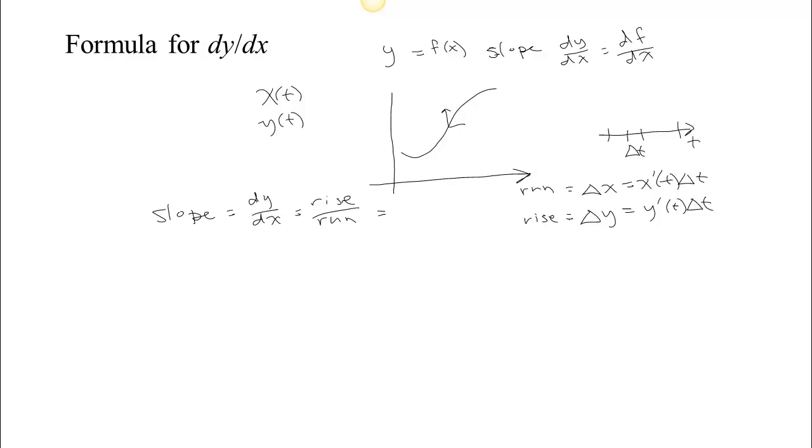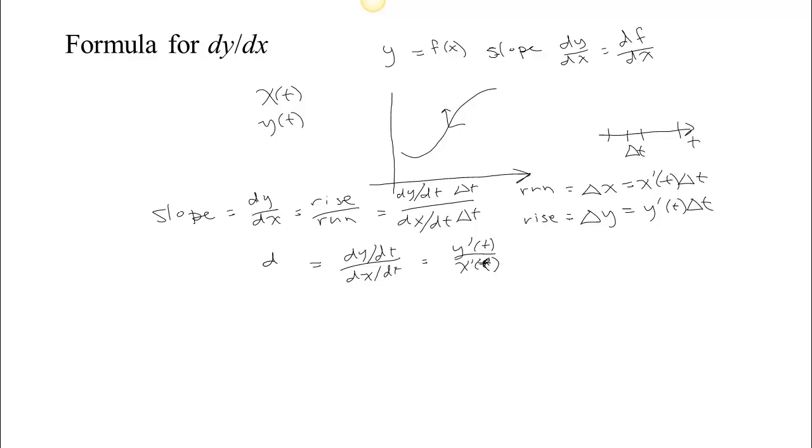To get the rise, we take dy/dt times delta t. Then to get the run, we take dx/dt, that's the x prime, times the change in t. And we come up with this formula, dy/dt over dx/dt. Or, to write it in Newton notation, we have x prime and y prime, so y prime of t over x prime of t.